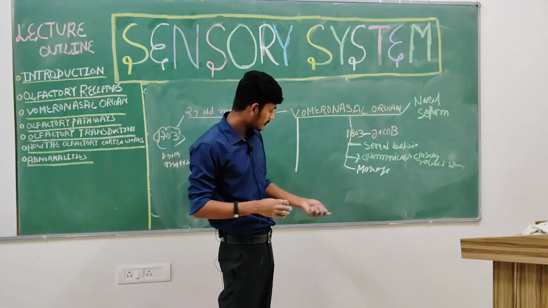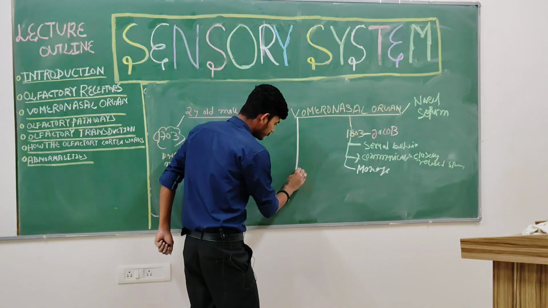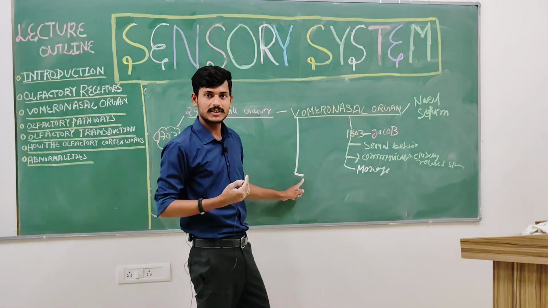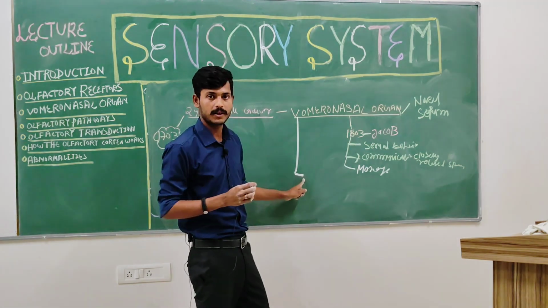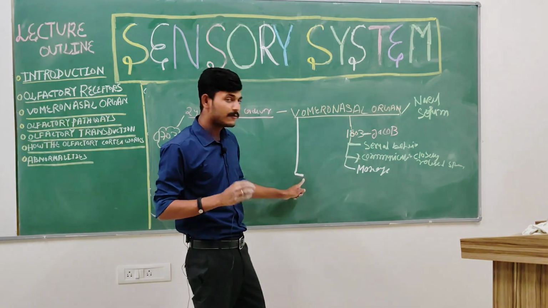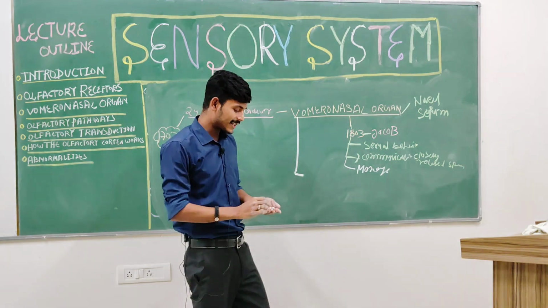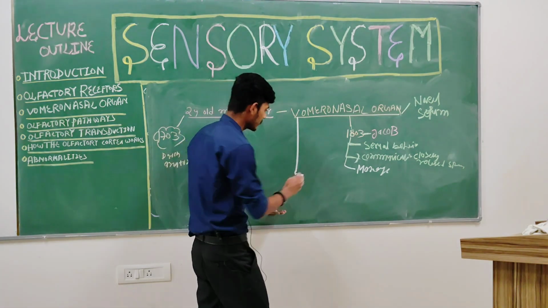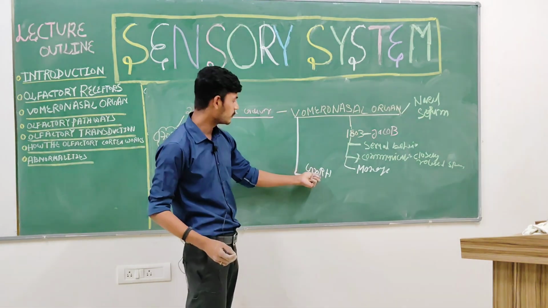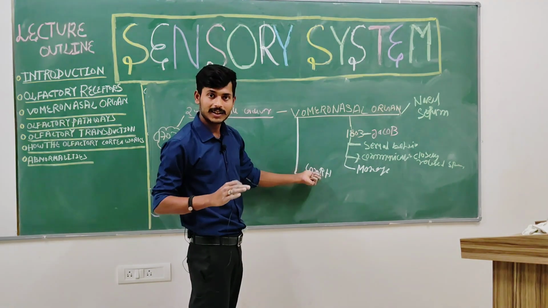There is one controversy, but nowadays there is so much research showing that if you perform any nose surgery which affects this nasal septum, like plastic surgery or rhinoplasty, then there will be alteration in the female sexual lifestyle. The GnRH hormone, the gonadotropin releasing hormone secreted by the hypothalamus, will be affected, but there is no clear-cut proof.